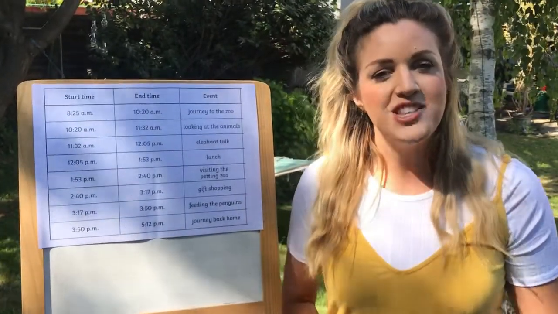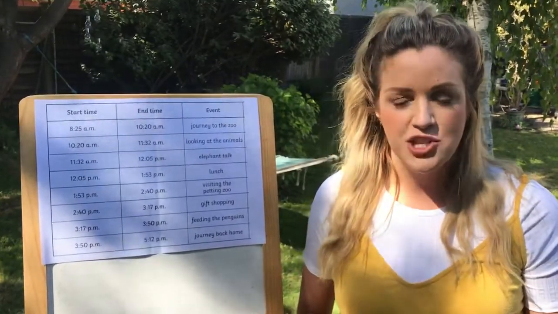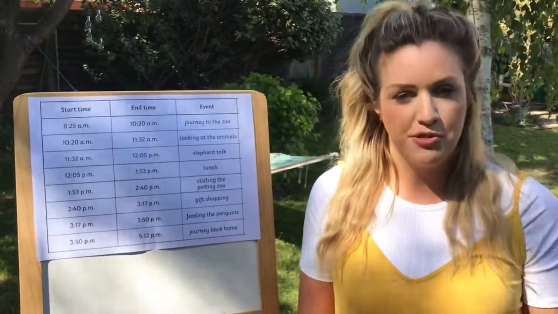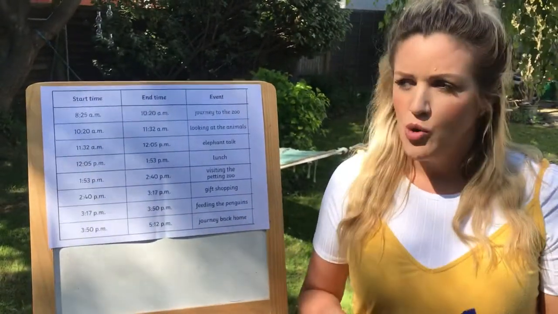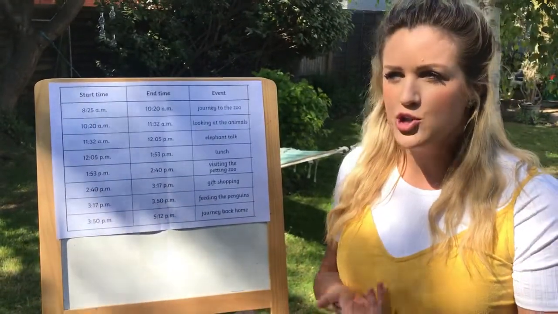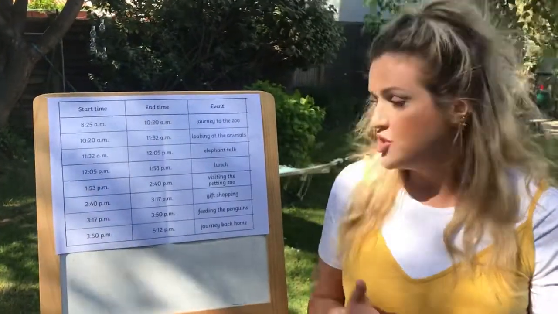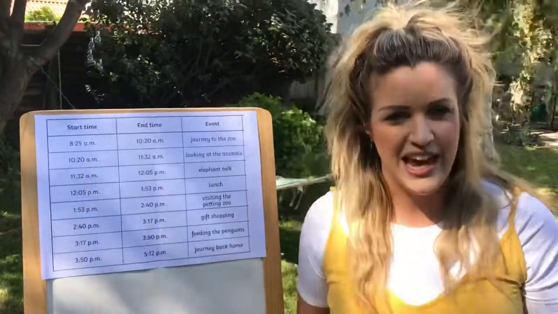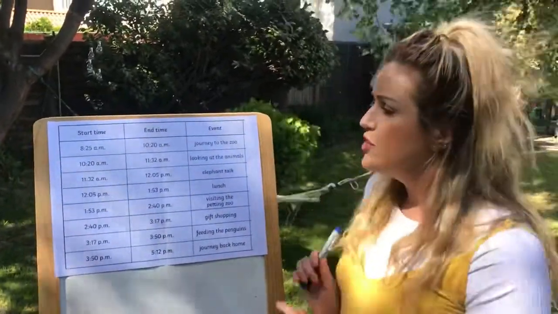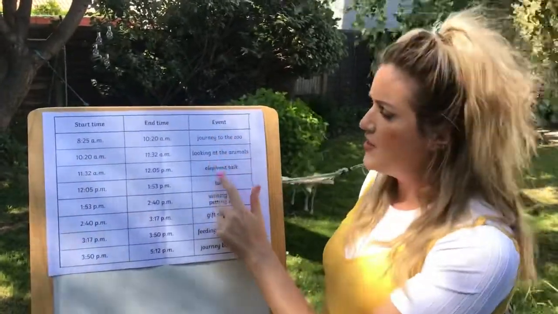Okay, so you need to open the document that's called A Day Out, and you'll find the 1, 2 and 3 star challenges. So choose which challenge you want to do. One of them is about a trip to the beach, one of them is about a theme park, and one of them is about the zoo, and that's the one I'm going to show you some examples from today. Okay, so you can see here that we've got different events or activities.